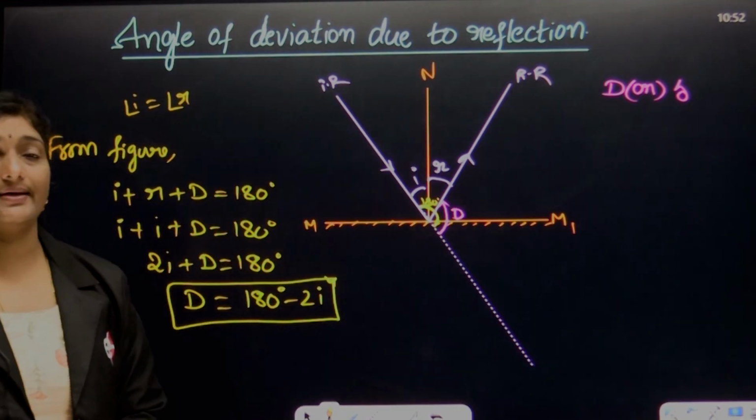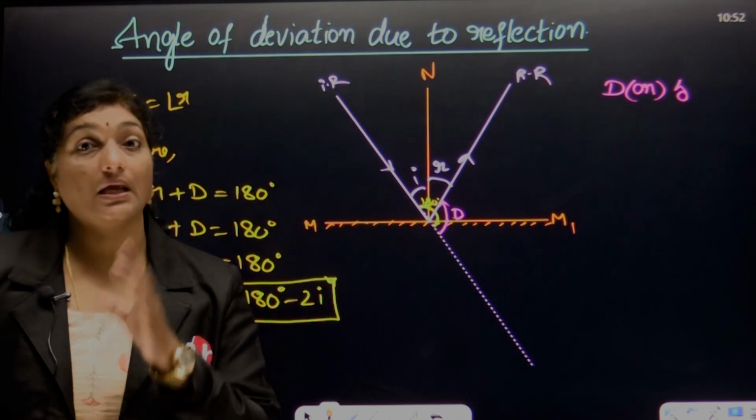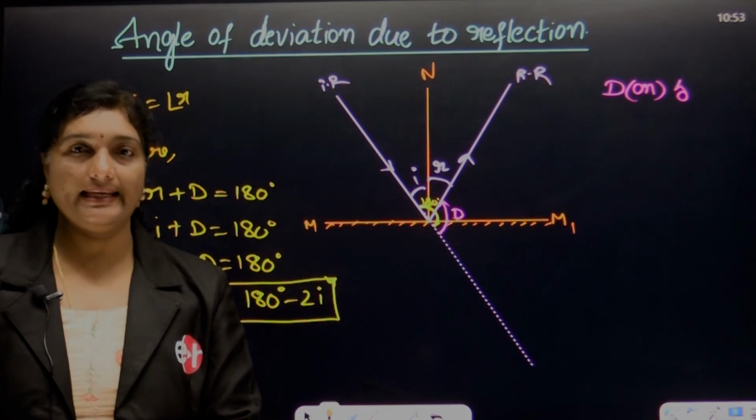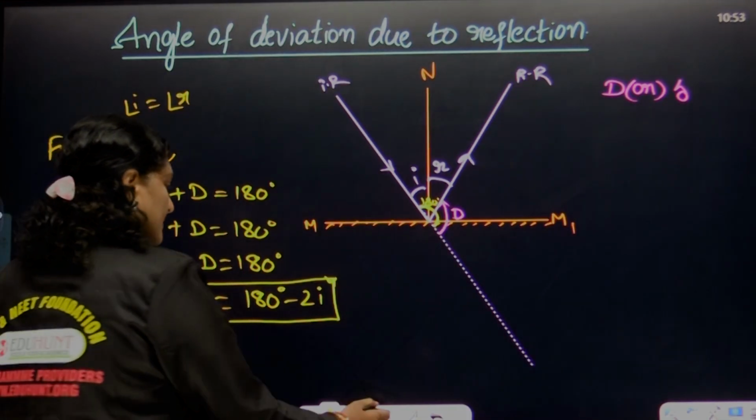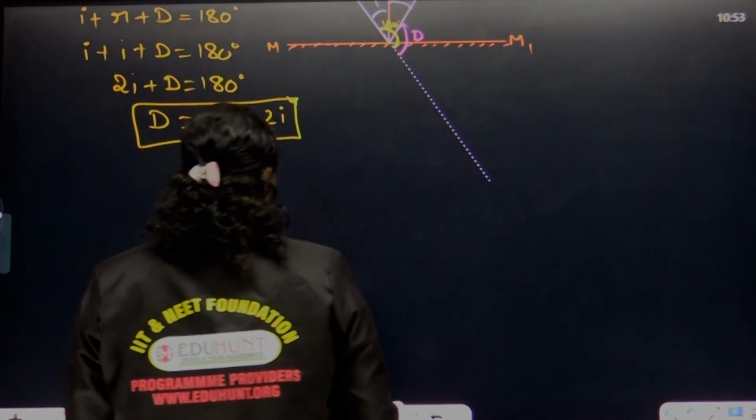Children, suppose that you were given two plane mirrors inclined at some angle theta as shown in the figure. Let us try to plot the picture.